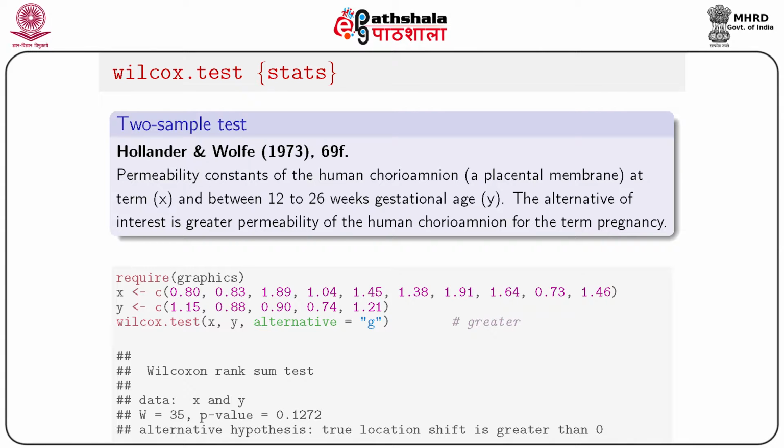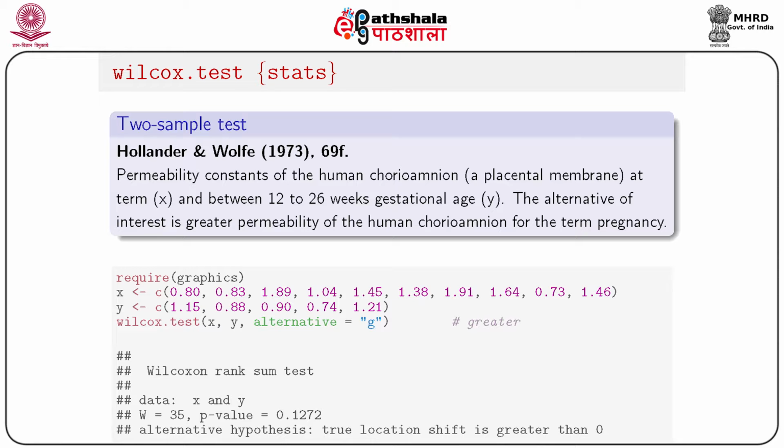For the Wilcoxon two sample test, I'm taking this example from the same book. Say X and Y are two independent samples. X is the human chorionic gonadotropin level between 12 to 26 weeks gestational age, and Y is this and X is this, so that is entered.